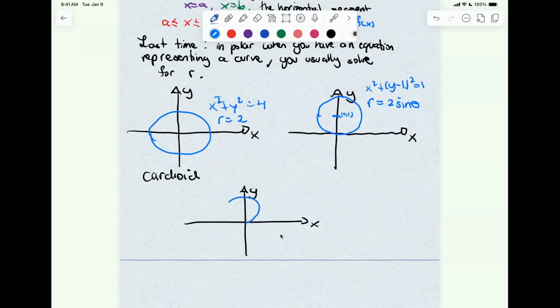I'll choose this version of it. Finding the equation in terms of x and y is actually kind of messy. But in terms of polar, the equation is just r equals 1 minus cosine of theta, which is really simple. Again, there are certain extra assumptions you have to make, because it could have different radii or different things. But this is one way to think about it.